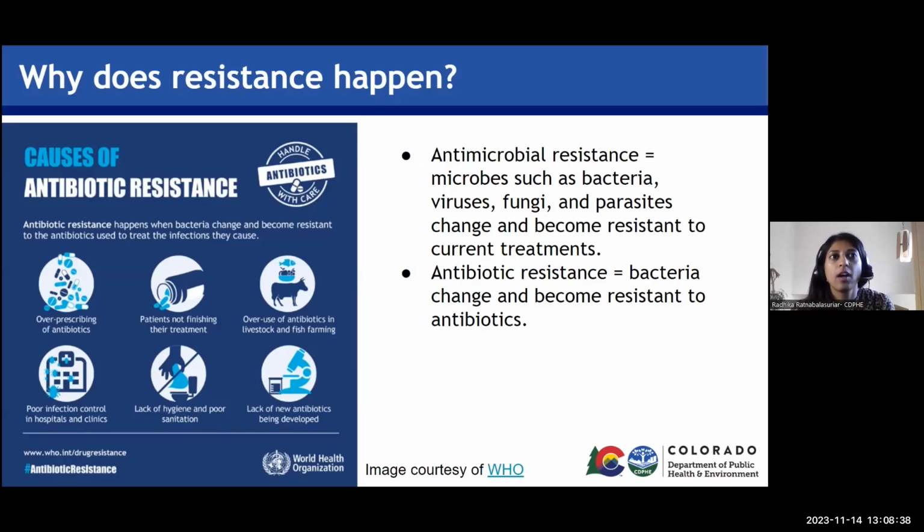It could be from overuse of, let's say, antibiotics in livestock and fish farming. It could be because of poor infection control in hospitals and clinics. It could be from a lack of hygiene and poor sanitation, and also because there's a lack of new medications being developed to replace the ones that are no longer working. Next slide, please.